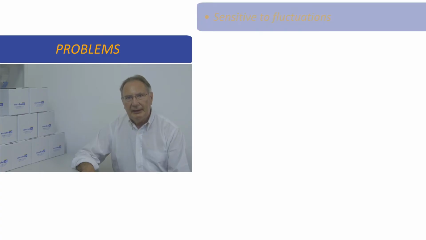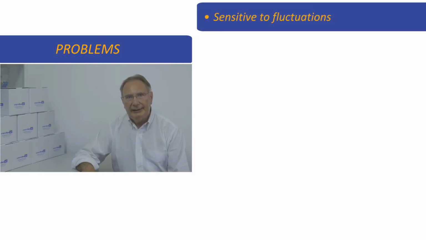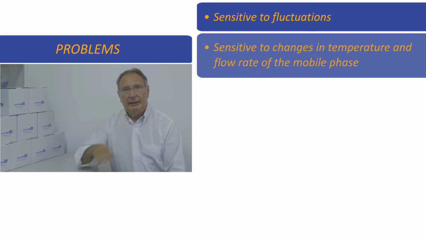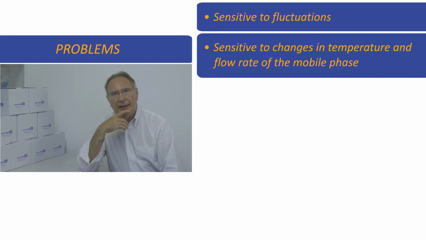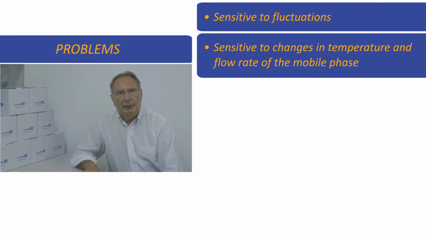First, they are sensitive to fluctuations due to the HPLC pump system, and this creates the problem of increased baseline noise. They are sensitive to changes in temperature and flow rate of the mobile phase, and therefore cannot be used in gradient separations.